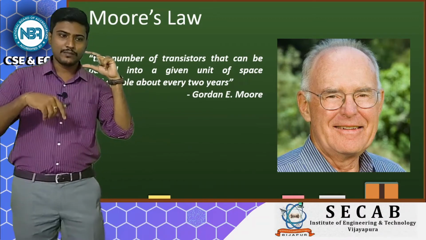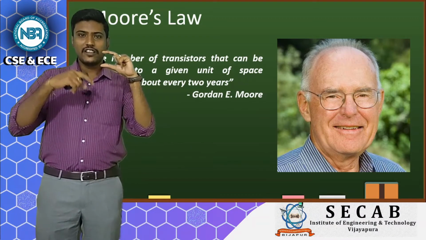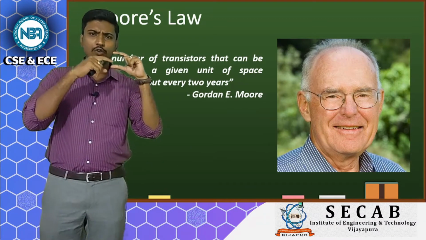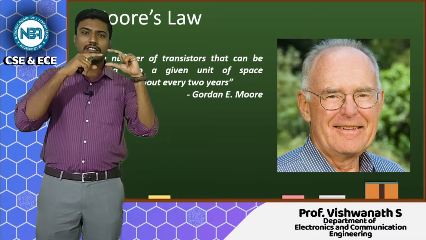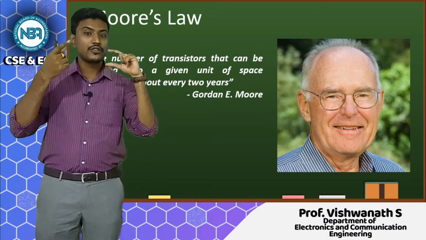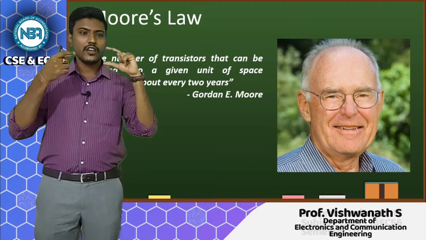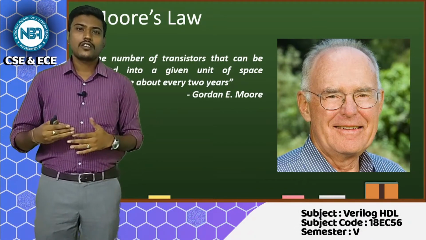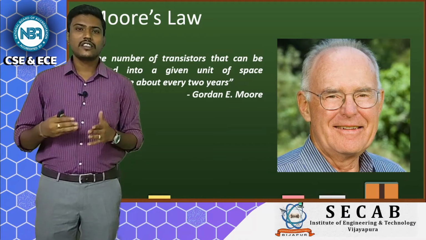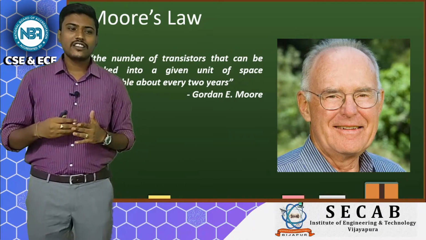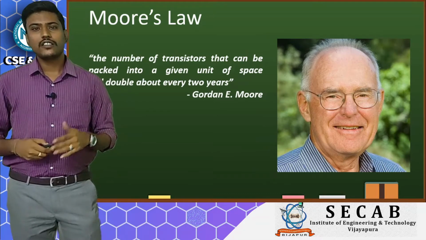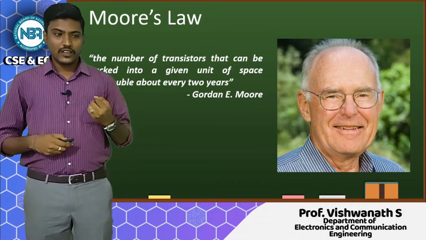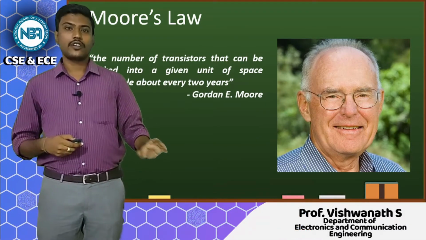As of this particular time we can integrate only 10 transistors, but that count has to be doubled after 2 years. This became a standard law for the semiconductor industry, Moore's law, and they started sticking to it.